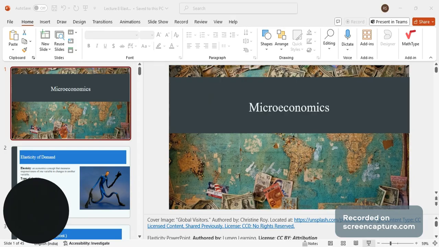Is it clear? And vice versa, if the price of tea increases, the consumer will shift to coffee. So in this case, the demand for the product will be more elastic, because with the change in the price, the quantity demanded will reduce or increase.